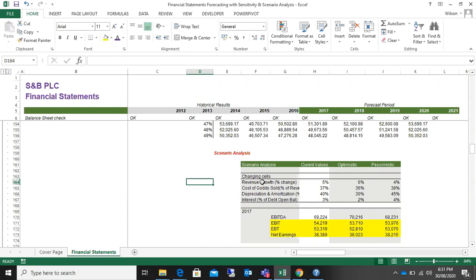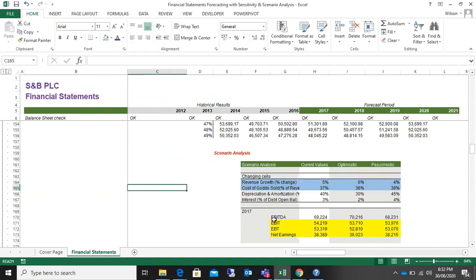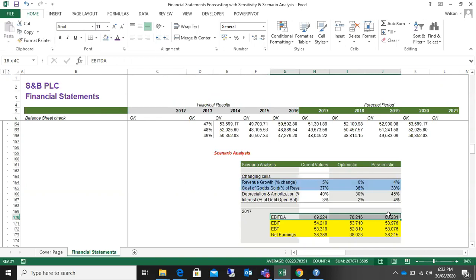Now, if we look at all the assumptions that we have here, you will observe that these assumptions most oftentimes relate directly with EBITDA, because you look at revenue. If I pick these two, I focus more on EBITDA.